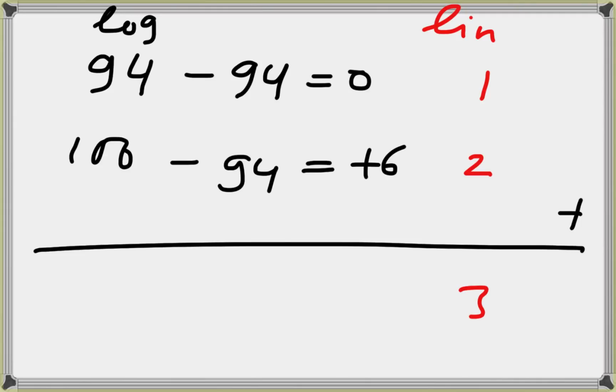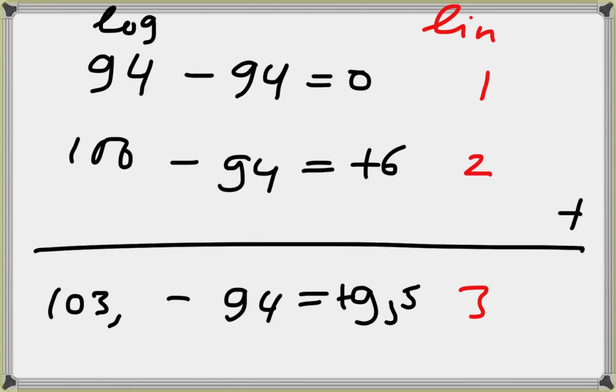And I know that a 3 is approximately a 10 dB increase, but if we split hairs, it's going to be a 9.5 dB increase, that 3. The only thing that I need to do is to add the 94 dB that I subtracted before. I need to add that again, and then you will see that this becomes 103.5 decibels.